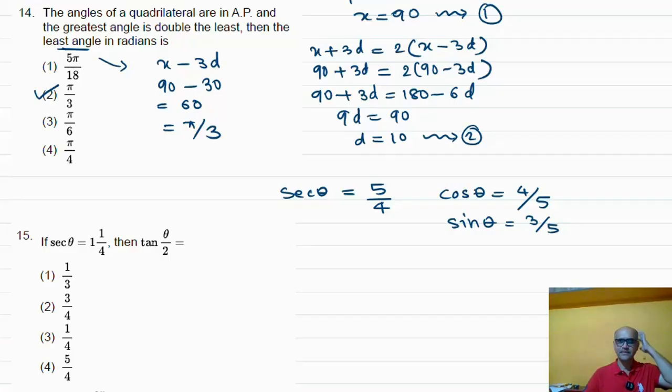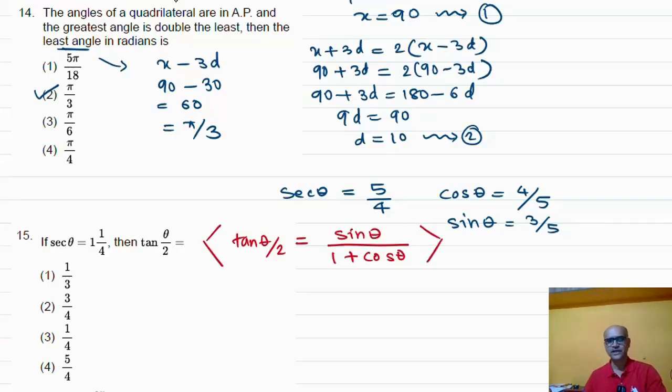Now tan theta by 2: you must know the formula. So remember this formula as a hint. Tan theta by 2 is given by sin theta divided by 1 plus cos theta. Easiest formula, right? Now substitute the values, you will have the answer.